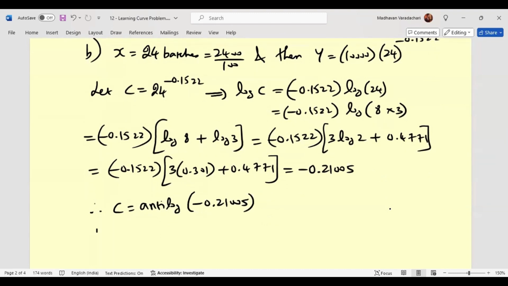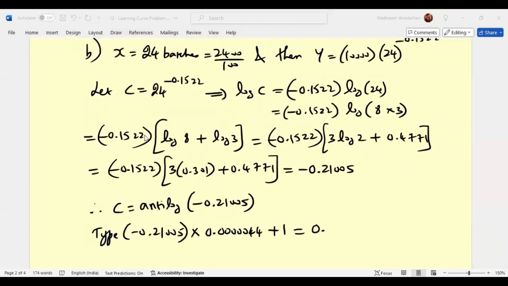Now, to find out the antilog of this, type this number in a regular calculator, multiply it by 1.2345 with 5 zeros and 44, and then add 1.